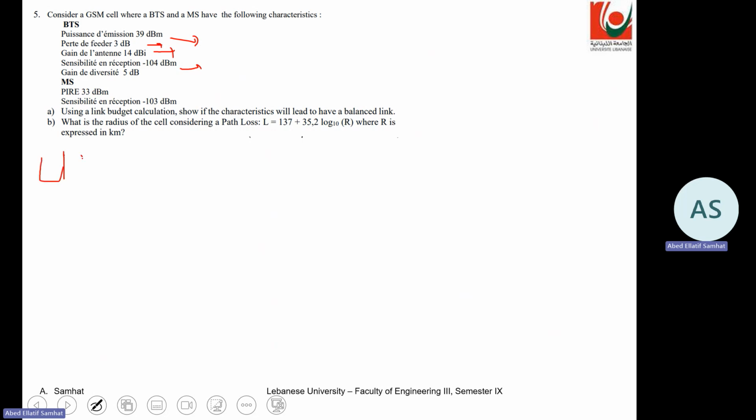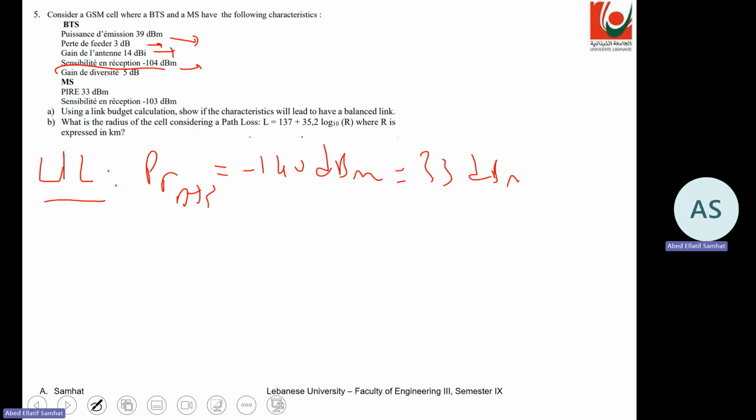Let's go to the uplink. In the uplink, we have the received power, which is the sensitivity, PR at the BTS, and it should be equal to the sensitivity in dBm. It equals the transmitted power, which is 33 dBm, plus the gain of the diversity, plus 5 dB at the uplink. Then we have the path loss.